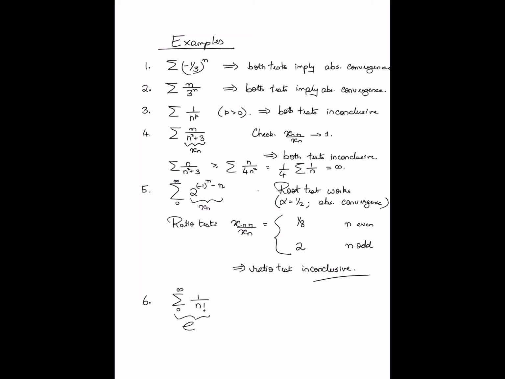Okay, now let's apply the ratio test. Let's define the summands to be x_n. In this case, x_{n+1} by x_n is equal to 1 by n plus 1, which tends to 0, which implies that the series converges absolutely.